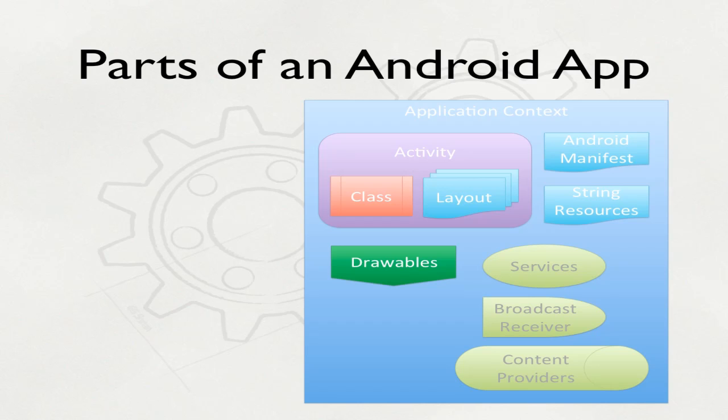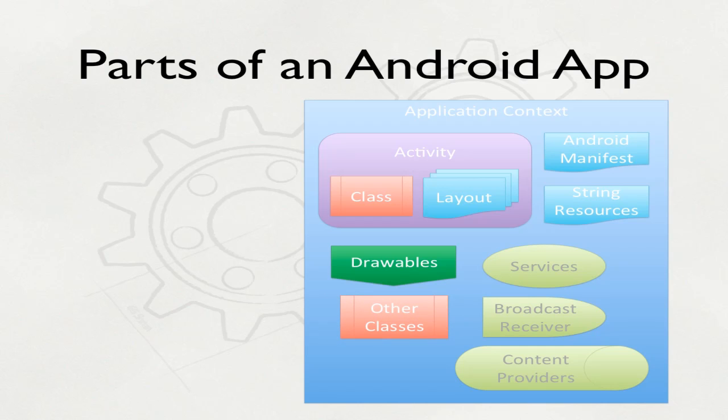For example, the preferences in Android are published through a content provider. So the preferences activity that you see is interacting with that content provider. What that means is another activity could provide the user interface for the preferences because there's a content provider behind the scenes. Now, services, broadcast receivers, and content providers, we're not going to go into those today. That's why they're kind of grayed out a little bit there.